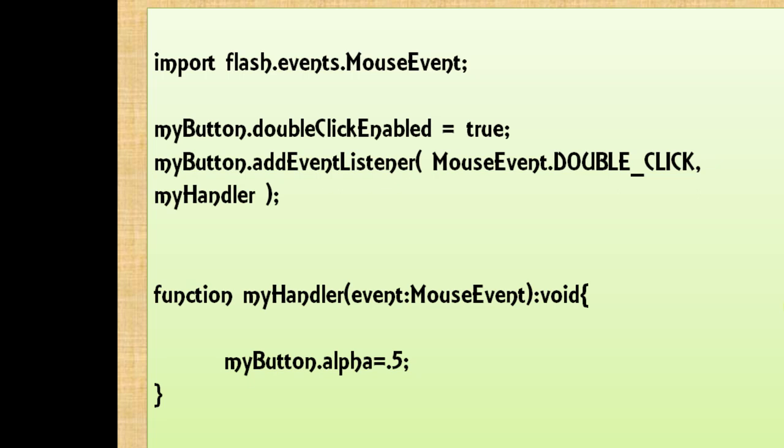Right. The first event that is shown to you guys is a double click event. Now, most of the events that I've shown in this slideshow probably are not familiar to you guys, but I've used some most commonly used events as well. On a button here we have added an event listener. It's a mouse event of the type double click.